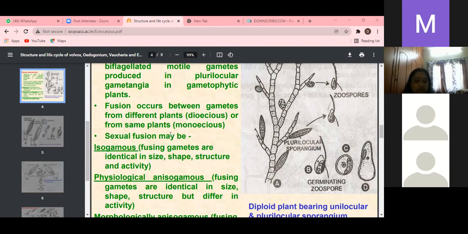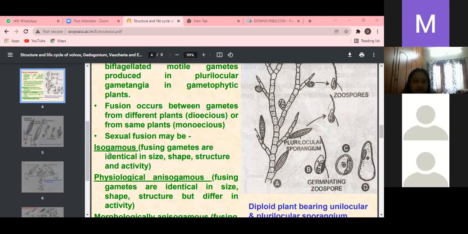Here, zoogametes are physiologically anisogamous. This plant produces 2 types of gamete: the megagamete, very large in size, and the microgamete, very small in size.